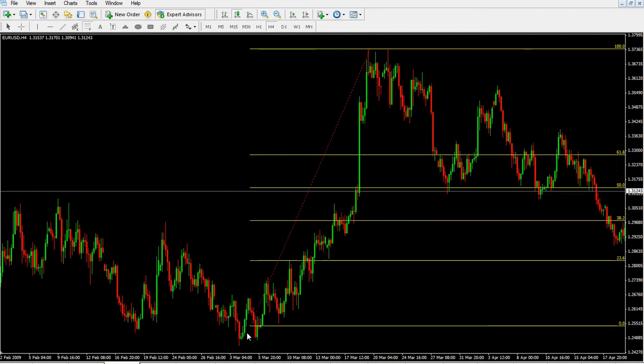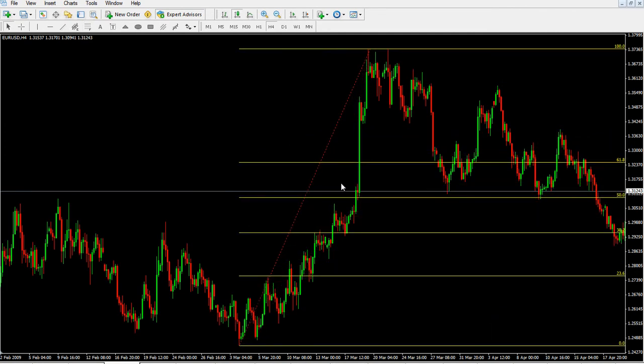Here, for example, at this length of the wave, we see another 50% example, and it is not always quite obvious when the retracement will stop, either at the 61.8 level or 50 or below that line. So we are not sure when the retracements will finish.